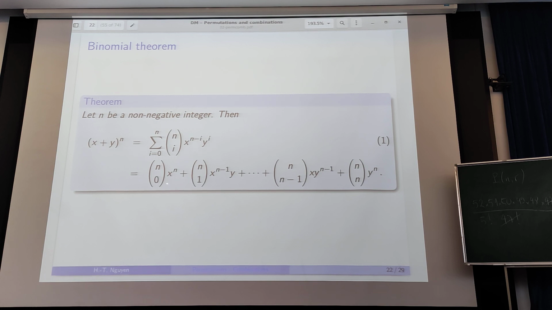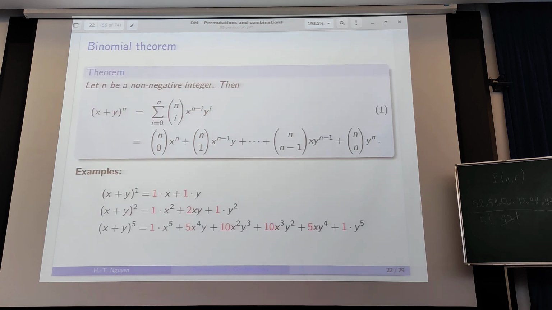And okay, so I guess that you are familiar with this development. But here we will see the derivation of this formula by combinatoric arguments. So here, as an example, if we develop x plus y to the power n for some small values of n, we can verify that.